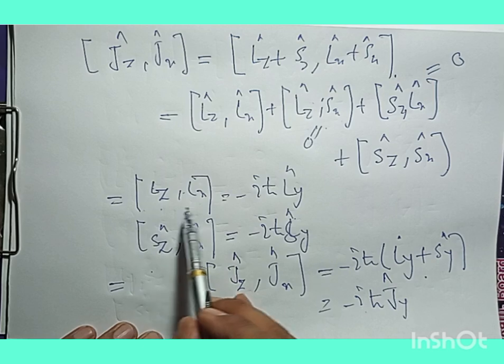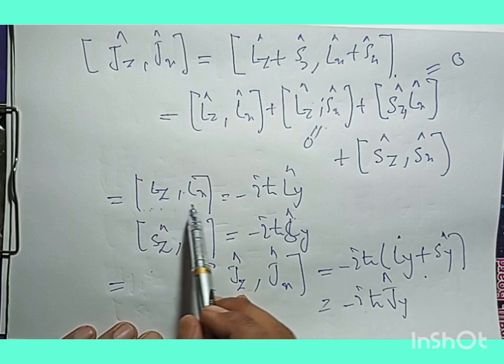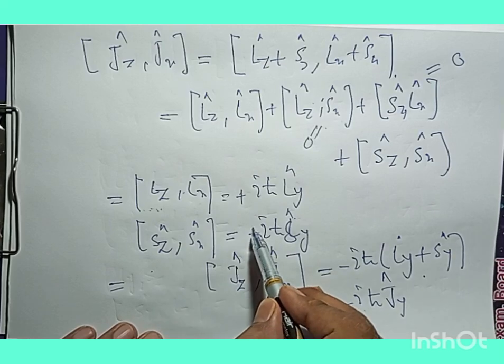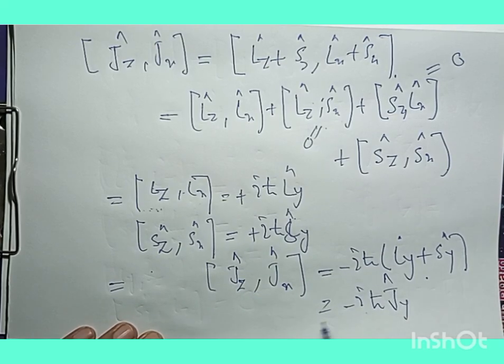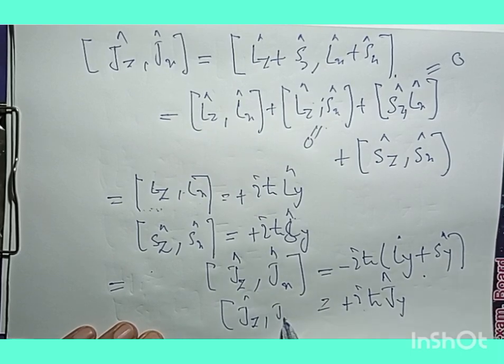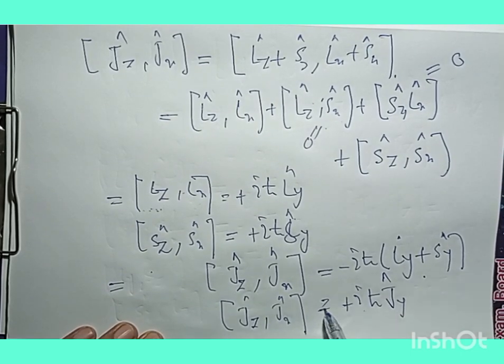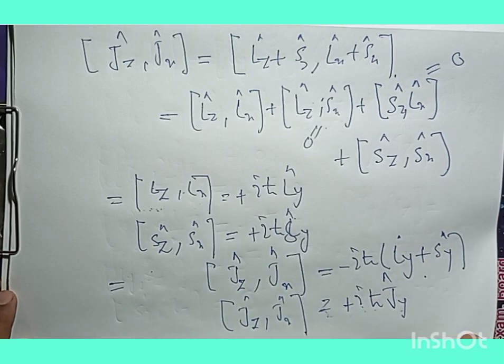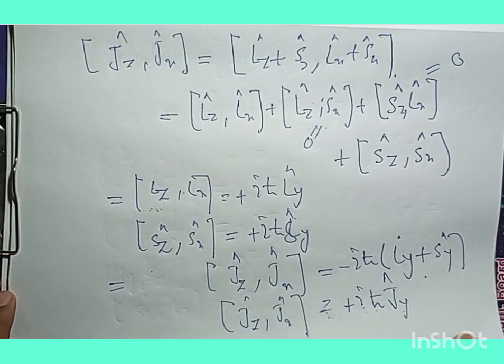Lz, Lx, the commutation between these two components of orbital angular momenta, here it is plus, similarly here it is plus, and finally we have plus. So the commutation [Jz cap, Jx cap] is equal to iħ Jy cap. I'm sorry, I have committed this mistake. I hope you will fix it yourself.